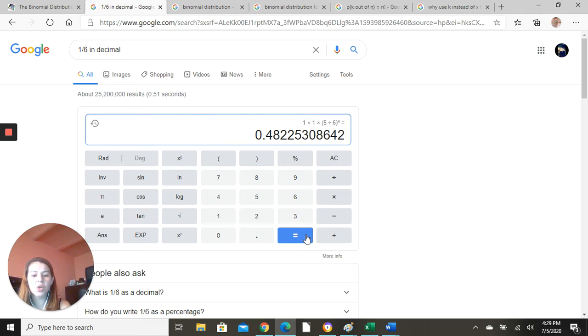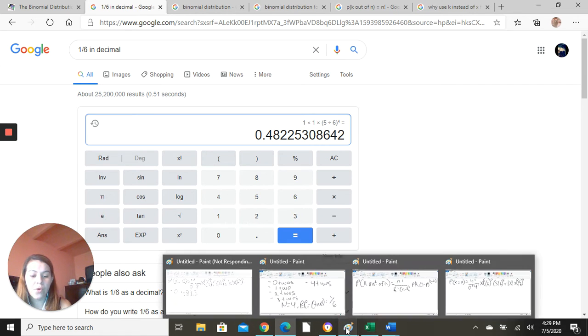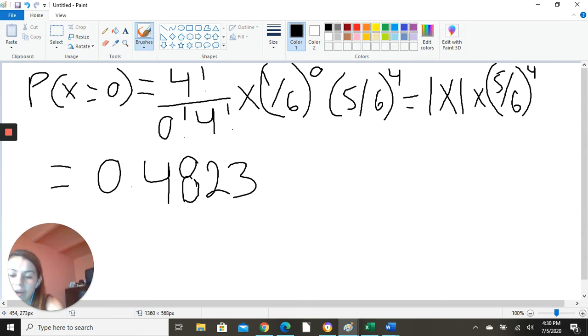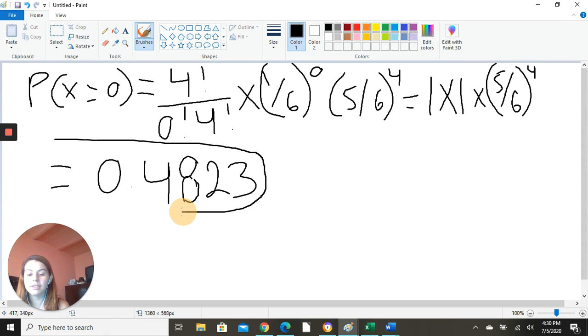So we get 0.4822. But we're going to round the 2 that's next to the 5 because it's closer to 3. So it's going to be 0.4823. All right, that's our first probability for 0 twos. That's our first answer.